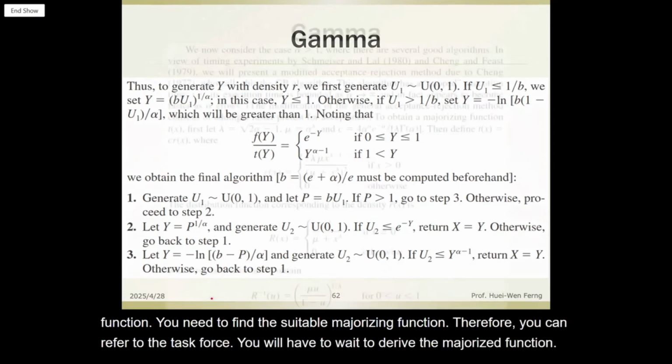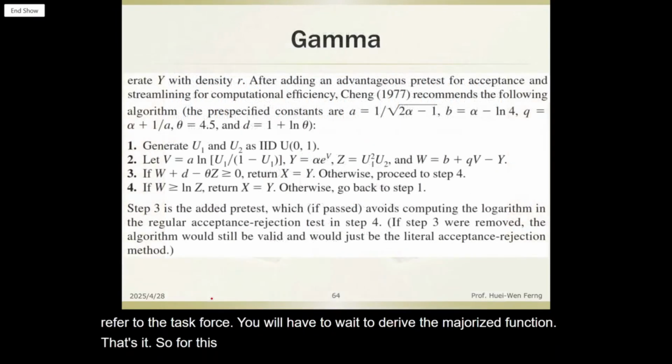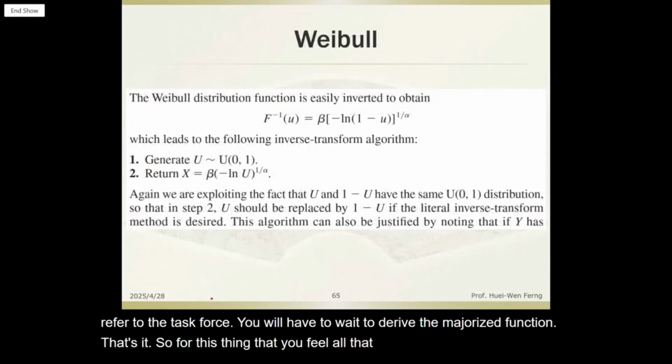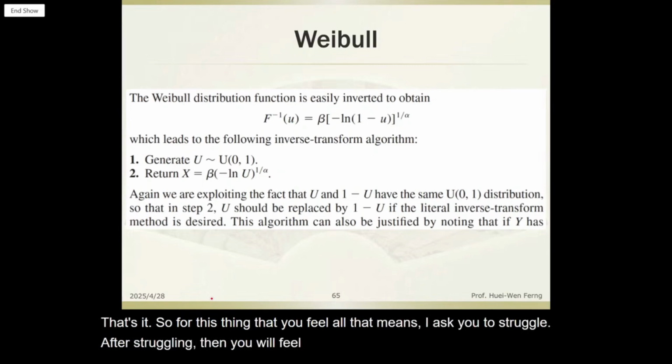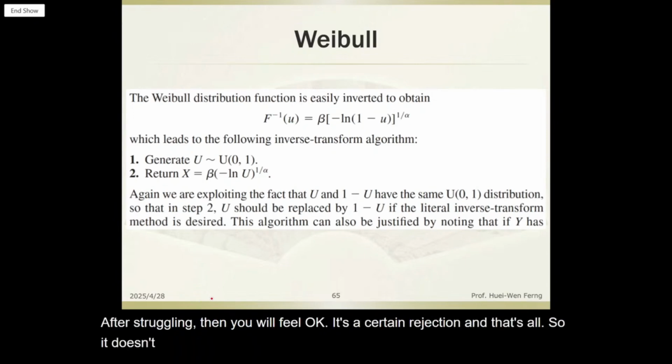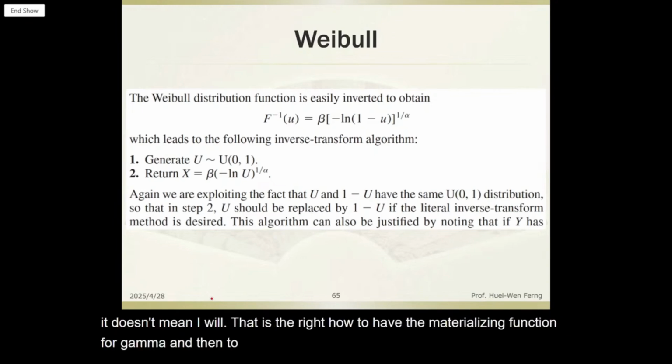That's it. So for this, I ask you to struggle. After struggling, then you will feel, oh, okay, it's acceptance rejection, and that's all. It doesn't mean I want you to derive how to have the majorizing function for gamma and all the results there.